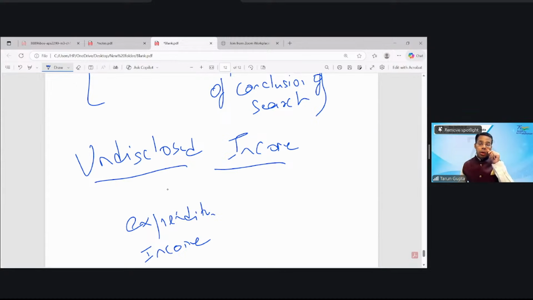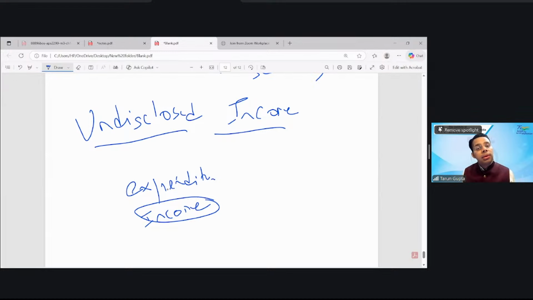So if during the search, the search party finds that the assessee has 100 acres of land in Pune, which is not disclosed in the income tax filing, then this is undisclosed income. If assessee has a business in Bombay and Pune, and has not shown the Pune business in the income tax return, then it is undisclosed income.